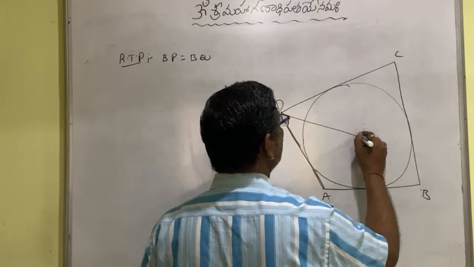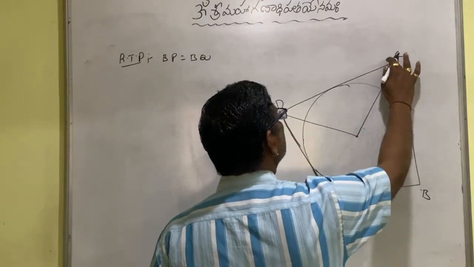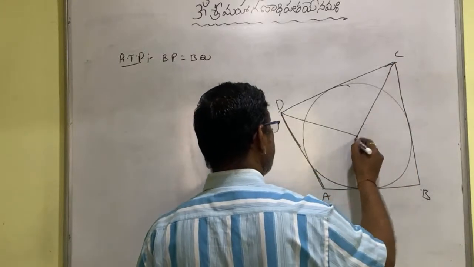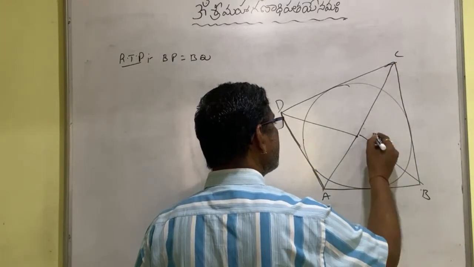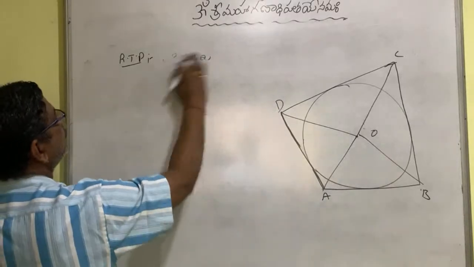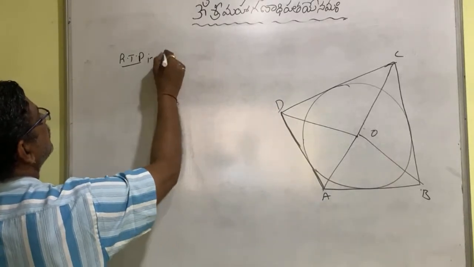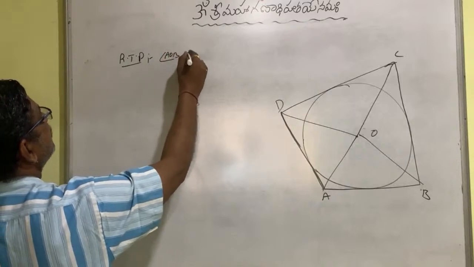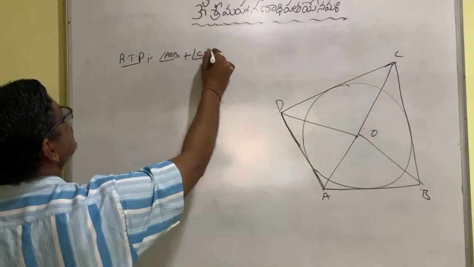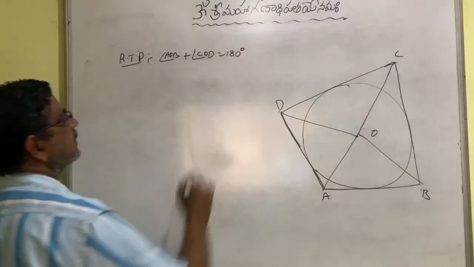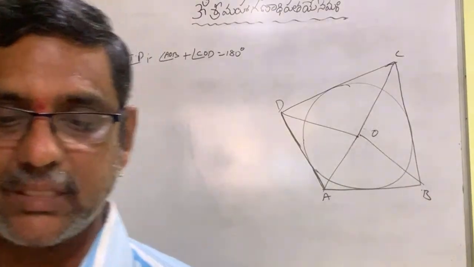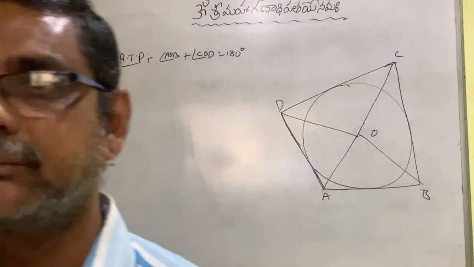What we have to prove? Required to prove is angle AOB plus angle COD is 180.